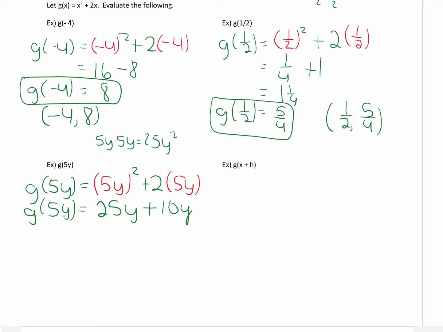I don't need to do anything else here. Again, as an ordered pair, it would be 5y and 25y squared plus 10y.